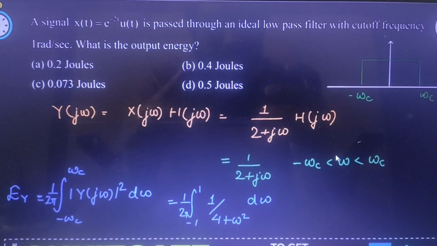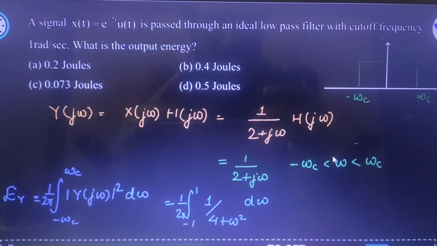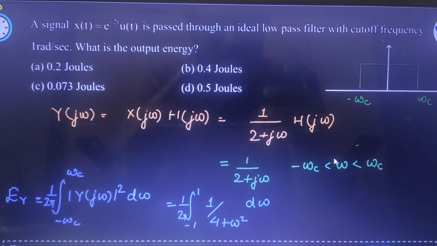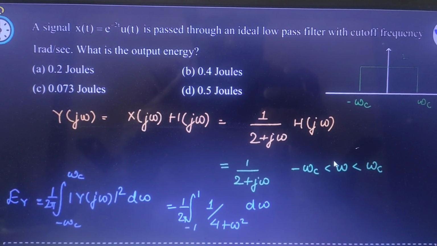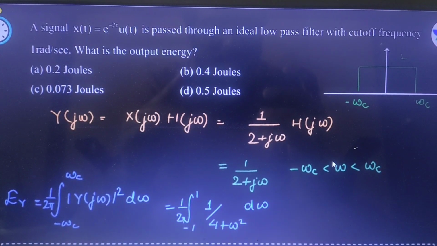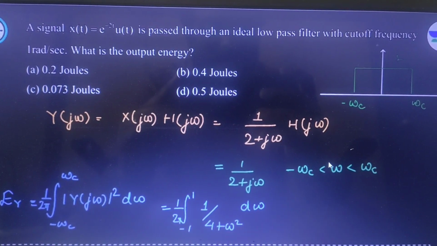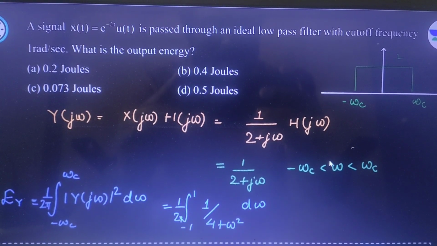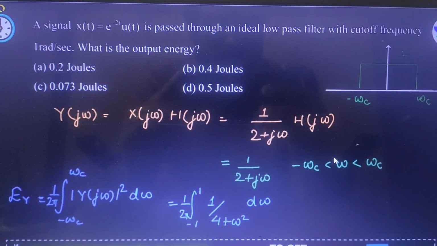H of omega is an ideal low pass filter with cutoff frequency 1 radian per second. The energy formula is 1 by 2 pi integration from minus omega c to omega c of |Y of j omega| whole square into d omega.